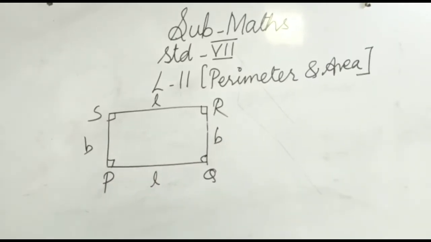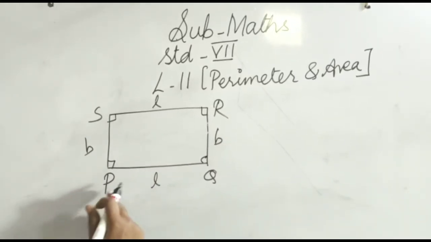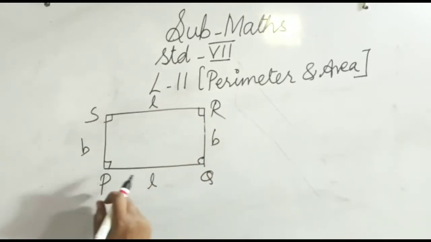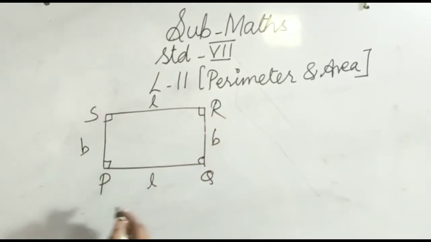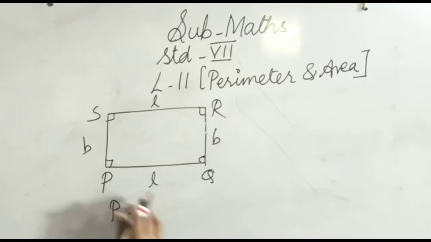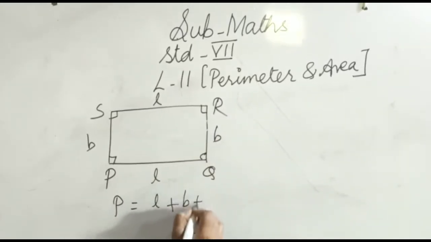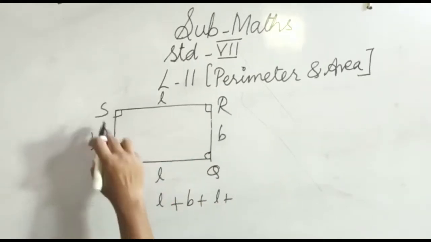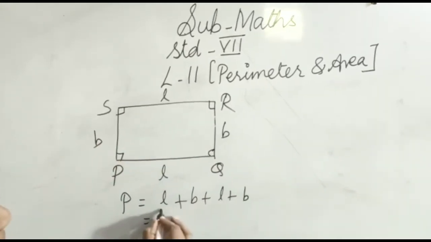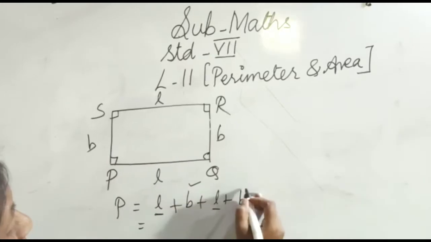According to the definition of perimeter, as it is the total length along the boundary or the total outline, the perimeter of the rectangle will be the sum of all 4 sides. So L plus B, again L, and then B. Now L and L are like terms, and B and B are like terms.